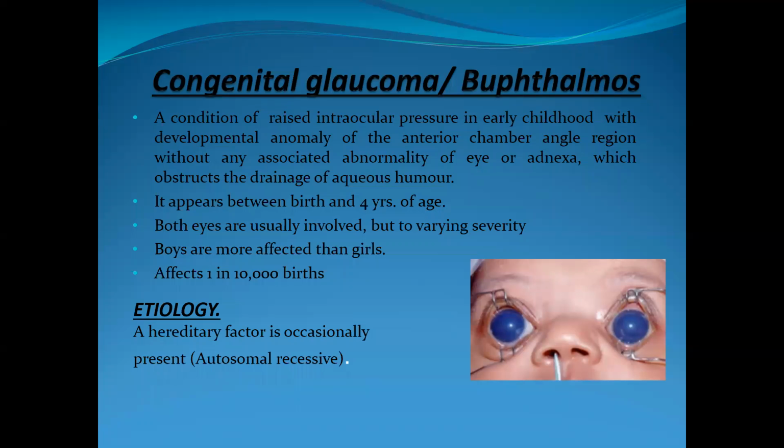And the next type of glaucoma is congenital glaucoma. It is a condition of raised intraocular pressure in early childhood with developmental anomaly of the anterior chamber angle region without any associated abnormality of the eye or adnexa, which obstructs the drainage of aqueous humor.